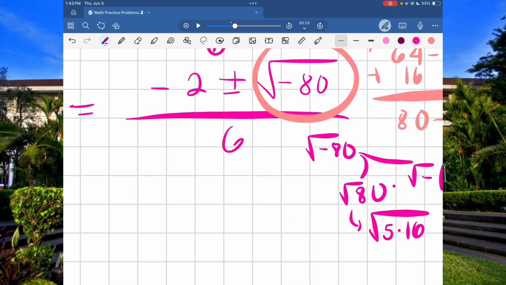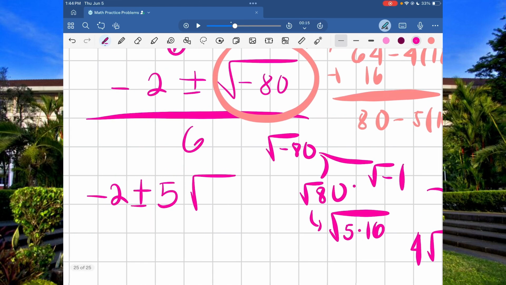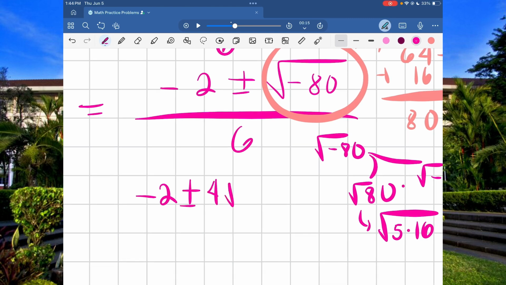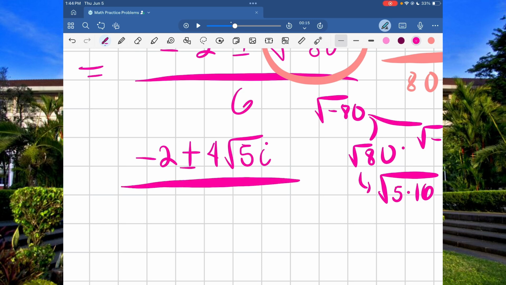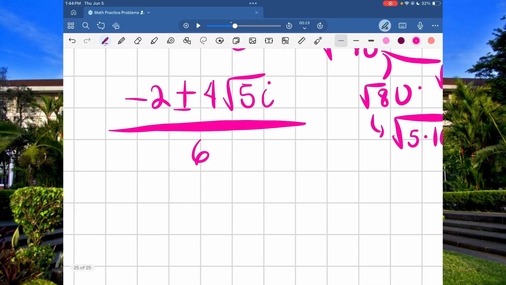So substitute once again for the square root of negative 80: negative 2 plus or minus 4 square root of 5i, divided by 6.